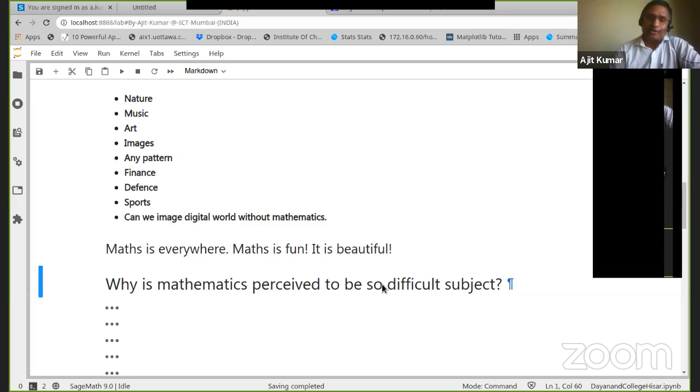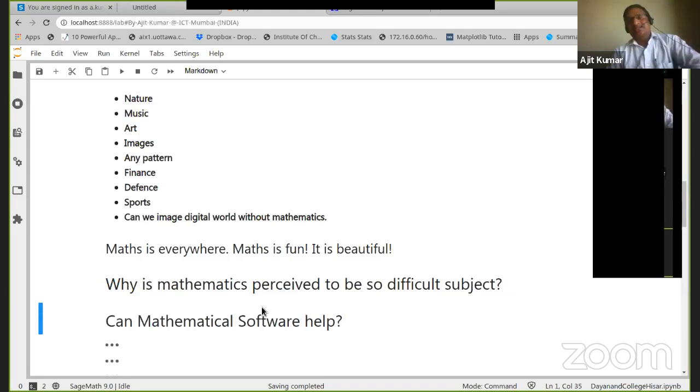So one way possibly to bring out these connections is that maybe we can use some of the tools that are available with us, some mathematical software. Maybe this can help, but it's up to us to find out how we use these things. There are numerous tools available which can be used in teaching and research.